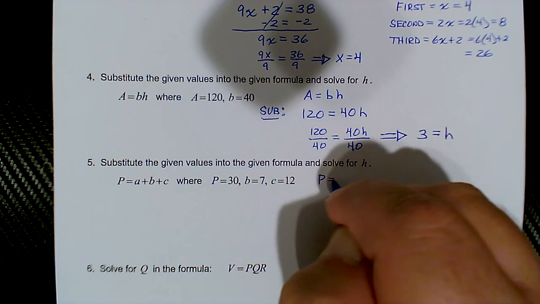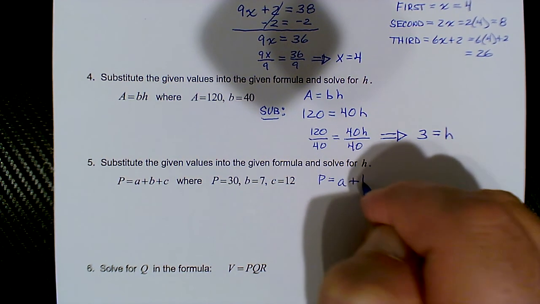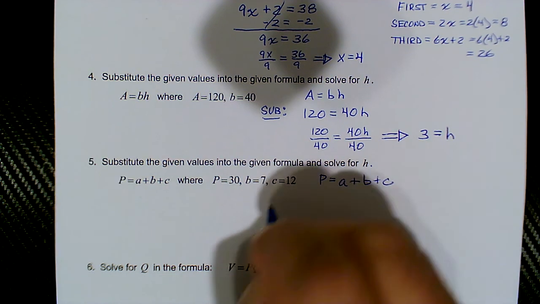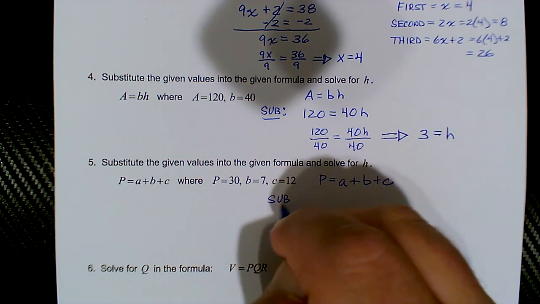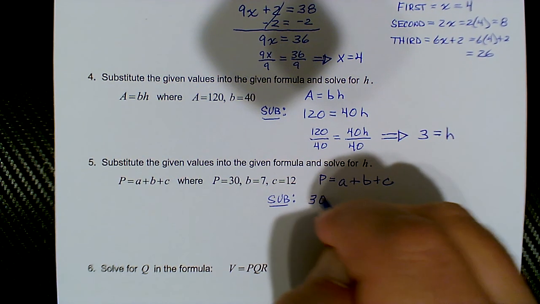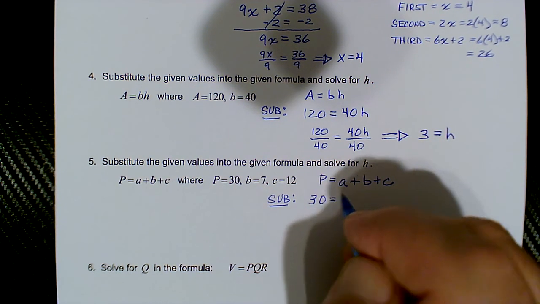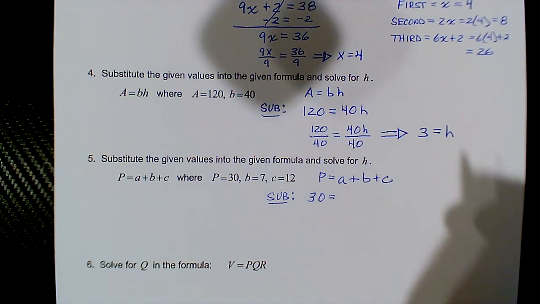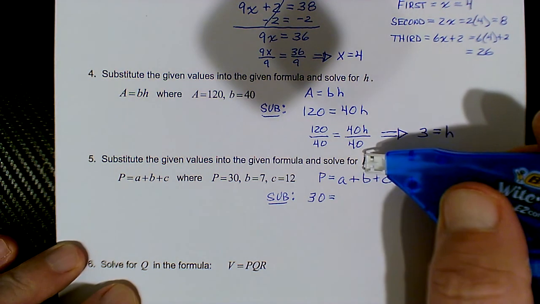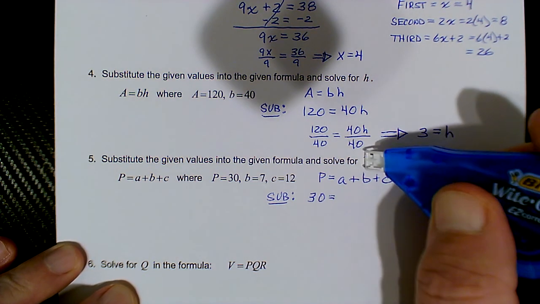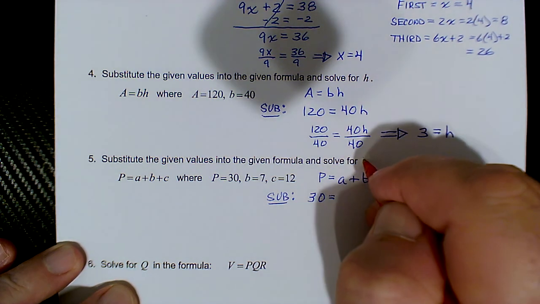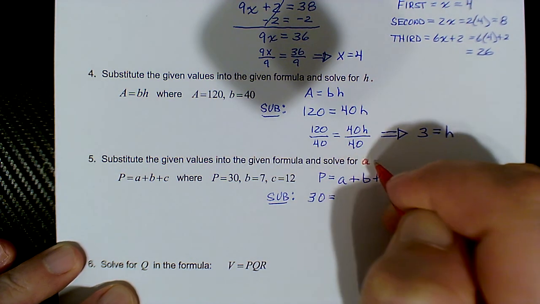P is A plus B plus C. And make the substitutions. P is 30. That's equal to A. That's what I'm looking for. Oh, there's a little mistake. That doesn't happen very often. This actually should have said solve for A. So you can make that correction.